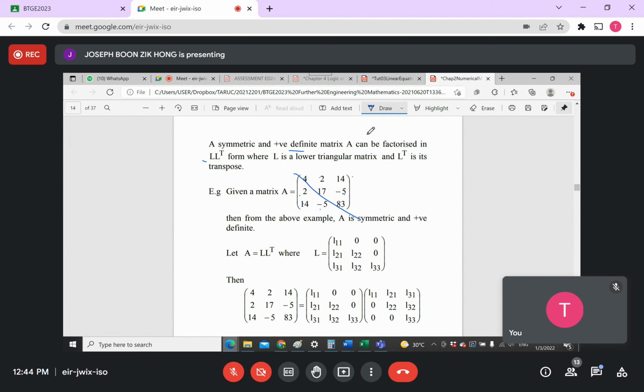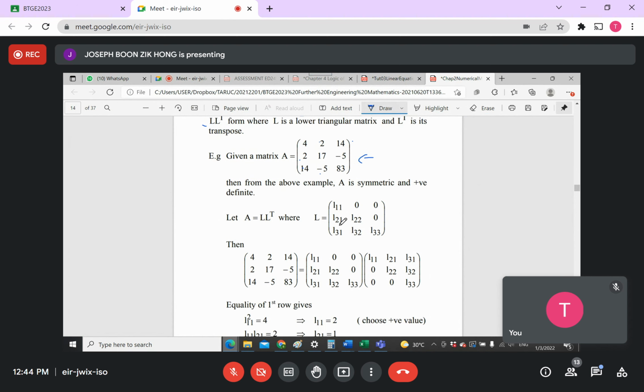First we need to make A into LLT. L is the same, but LT is the transpose of L, so the first row becomes the first column, the second row becomes the second column, the third row becomes the third column.